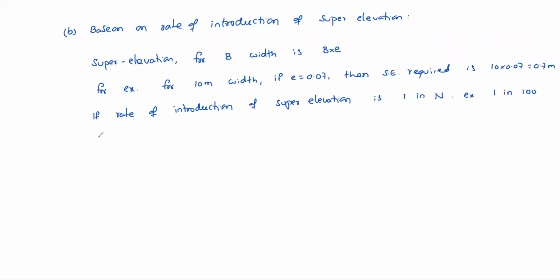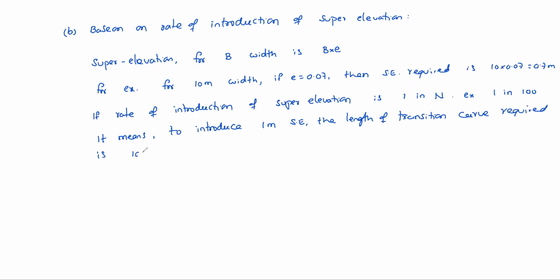That means, to introduce 1 meter of super elevation, the length of transition curve required is 100 meters. So with 100 meters length, we can introduce 1 meter super elevation.